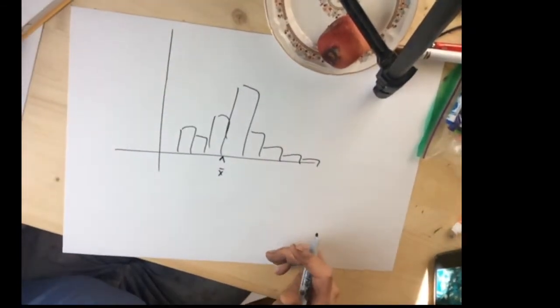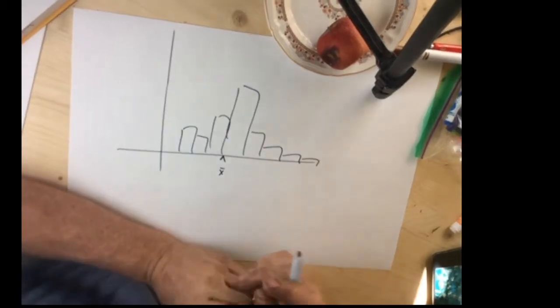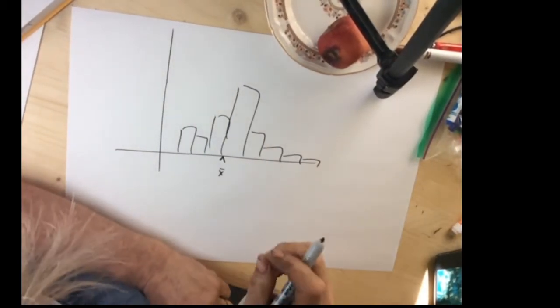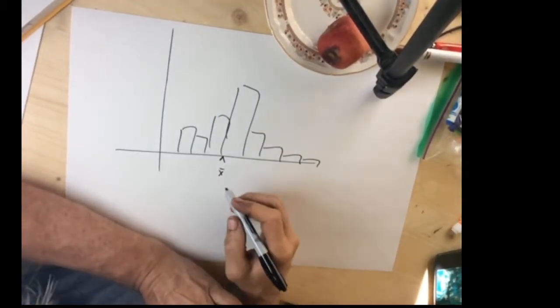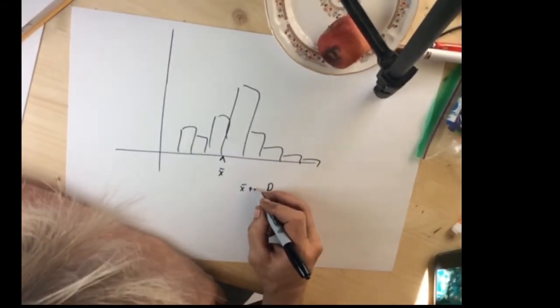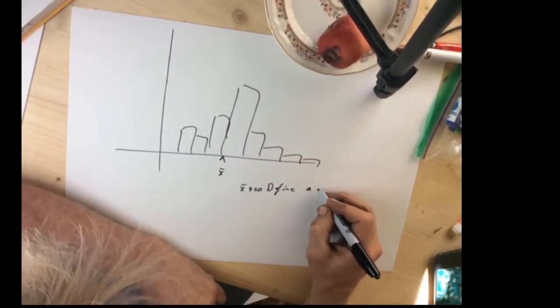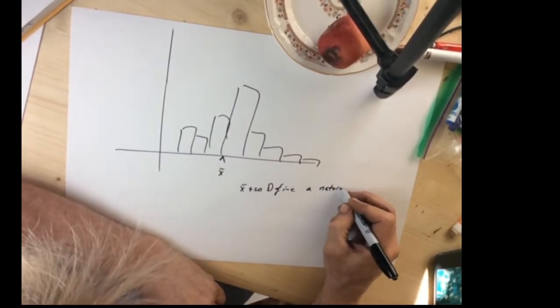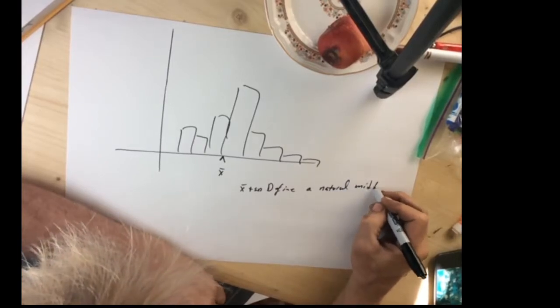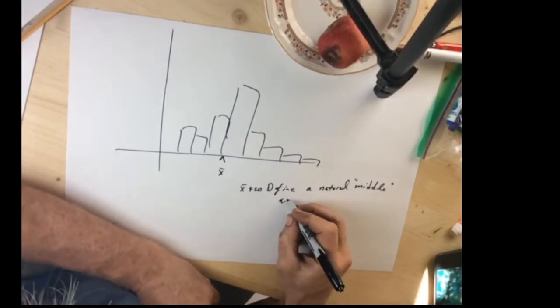It turns out that this idea called the standard deviation does something very powerful. The average, x bar, and the standard deviation define a natural middle in a different way, as a group.